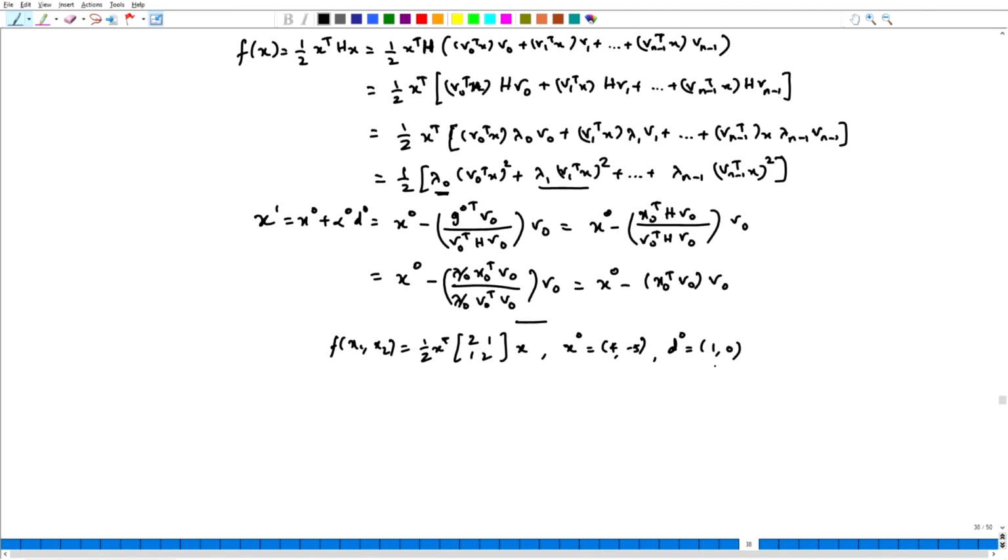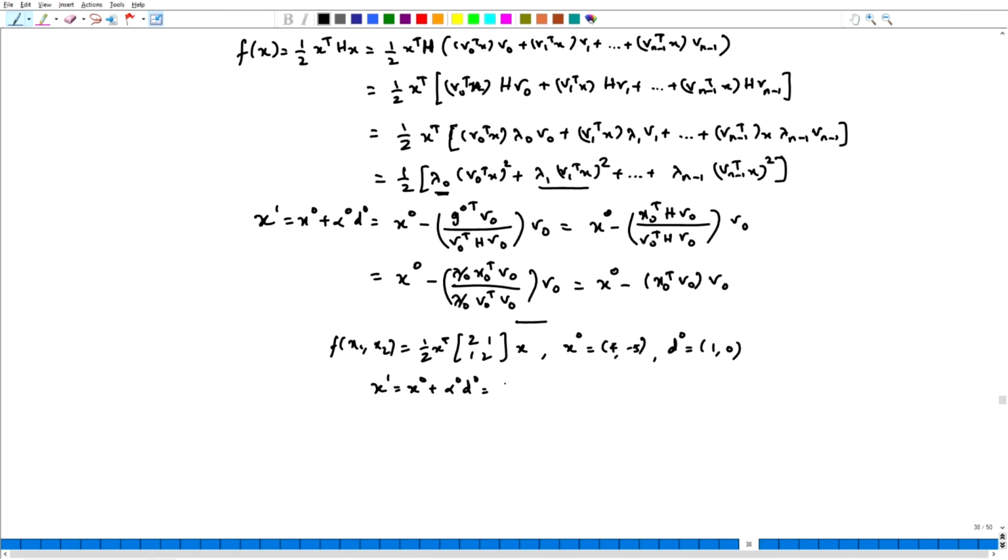Of course, d 0 equal to 1 comma 0 and d 1 equal to 0 comma 1 is not going to work, but I will figure out what d 1 is in a little while. First, let us start with 1 comma 0 at this point. We will have x 1 equals x 0 plus alpha 0 d 0, right.